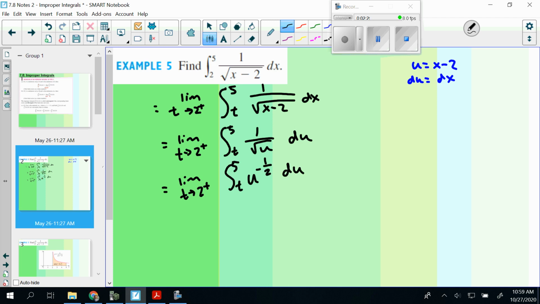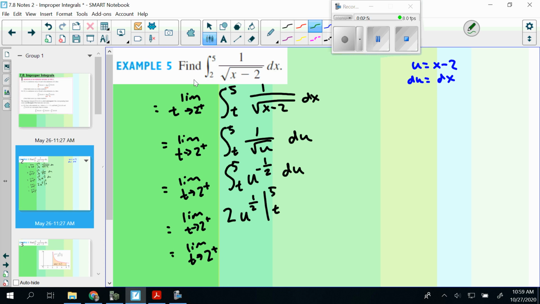And so that antiderivative would be u to the positive 1/2 because we add 1, and then the reciprocal would be 2. We want to evaluate that at 5 and t. We still have our limit notation here. Sorry, we have to do one more thing before we do this. We substituted here, so unless we change our limits, we do need to substitute back in.